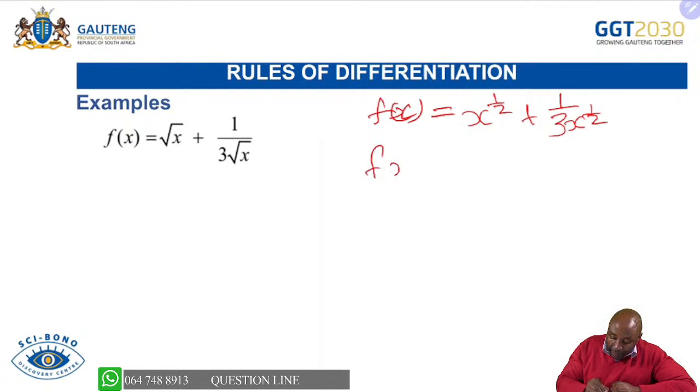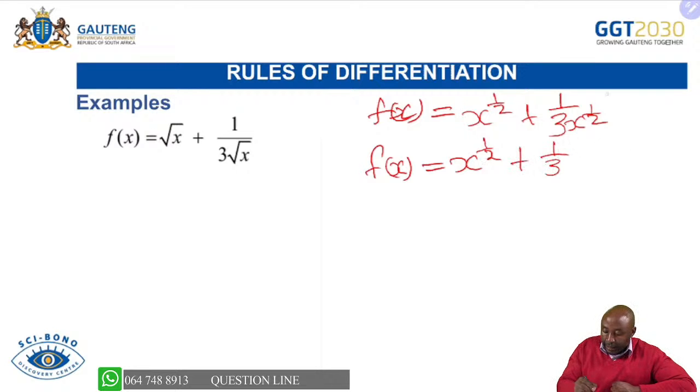So f of x will be given by x to the power half plus 1 over 3. I'm now writing this as a negative exponent. Remember, as I indicated, I can write this as 1 over 3 multiplied by 1 over x to the power half.